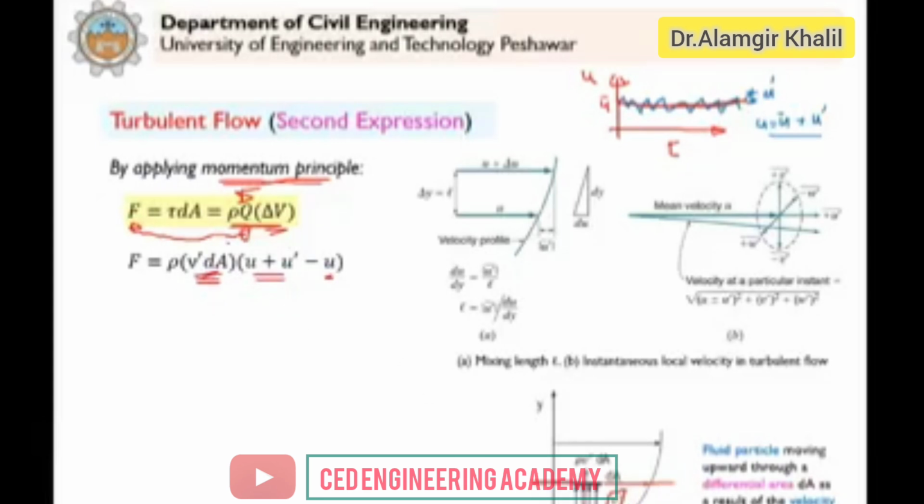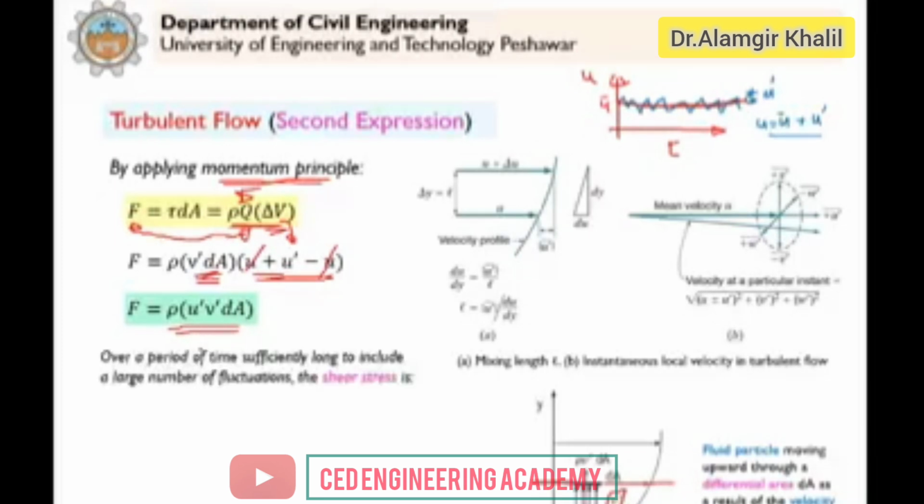This is how this delta v comes: u plus u dash minus u. When we simplify this equation, this u and this u cancel out. Clear? And we are left with rho u dash v dash into dA. This is the force. Clear?